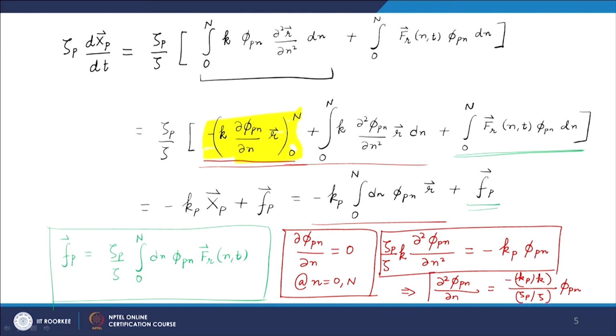So, now you can see we have a partial differential equation in terms of the basis function that I am trying to solve for, and we know the boundary condition that basis function also satisfies. So, using that we will solve for the basis function, and using that basis function I can define the solution x_p(t). This is what we are going to do. So, let us get started.